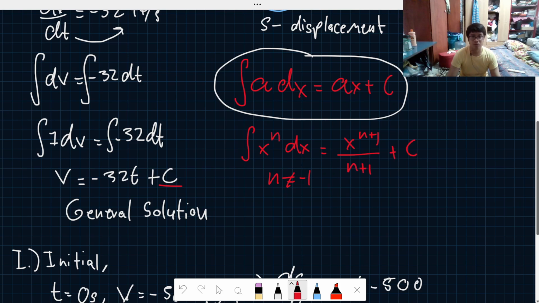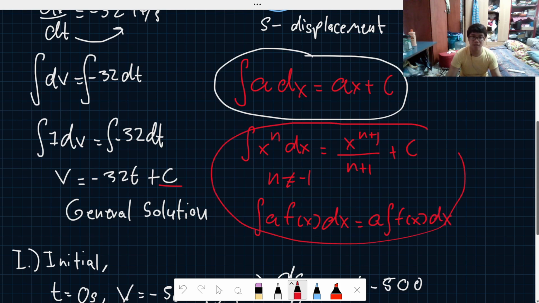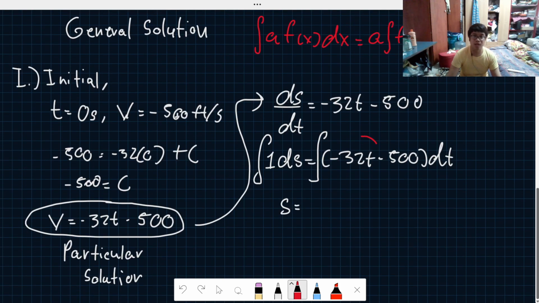And also, if you have a constant term beside a function and you're going to integrate it, you can just bring out the constant, so you will have constant times the integral of f of x. So we're going to apply these two rules here.